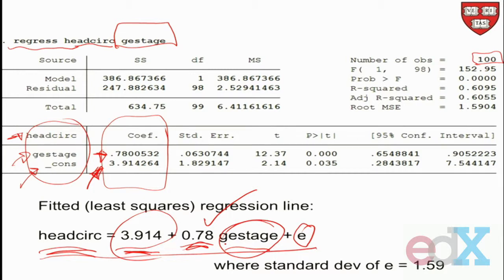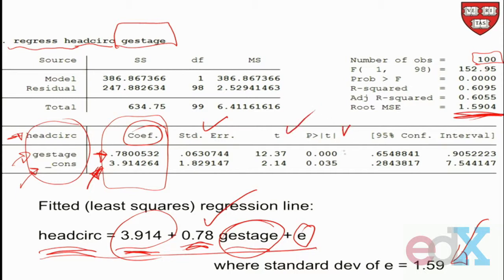Okay. Now, not only that, we look up here and we see something called root mean squared error. It's the square root of the mean squared error, and that is our estimate of the standard deviation. So the estimate of the standard deviation is 1.59. And here's the standard error of the estimate of the coefficient, and there's our t, and there's our p-value.